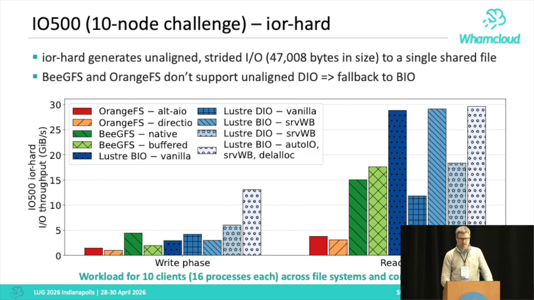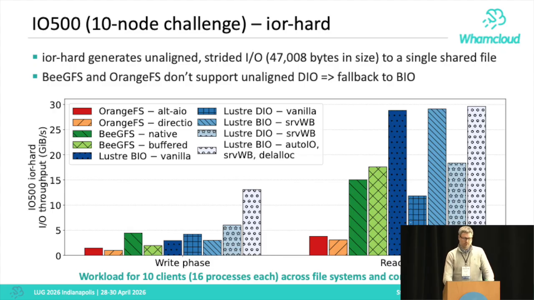This is because this is all Lustre, the leftmost 5. And we first start on the right side here. So we have the Lustre buffered I/O, which is this one here, right? Then we have the Lustre direct I/O in the vanilla version without hybrid I/O or server-side write-back. Then these two add server-side write-back, and the last one also adds auto I/O, server-side write-back and delayed allocation.